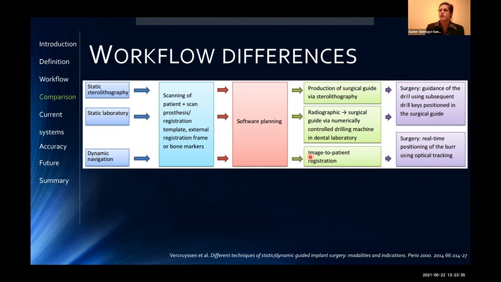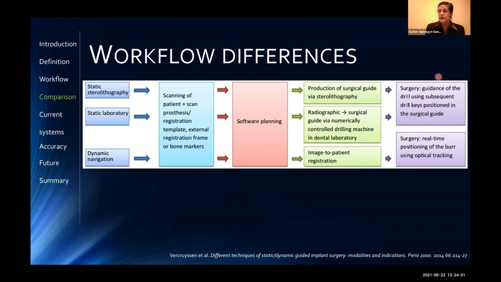Another major difference, and I think this is actually a key, is that with static guidance, we use those drill keys, we use the specific drills, but we are stuck. So if that guide doesn't fit, if something is not accurate, the only option we have is just to throw the guide out the window and do it freehand or get the patient back with a different guide.